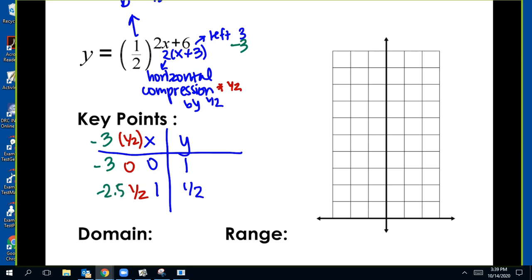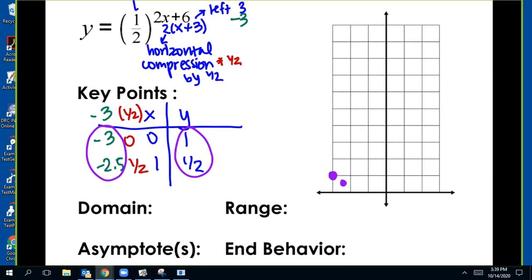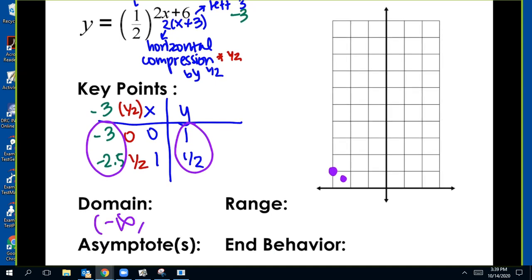And then again, we plot, nothing happened to the y's, so we'll plot these values with these values. -3, 1, and -2.5, 1/2. Nothing happened to the y's. The domain never gets affected because it's all real numbers, but the range stays 0 to infinity.